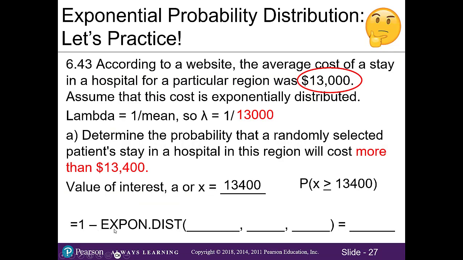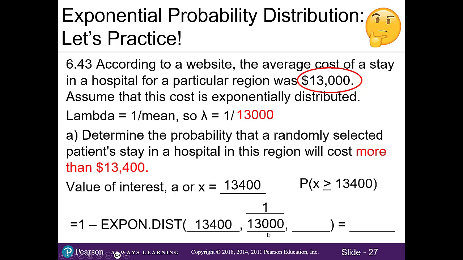There's my 1 minus exponent.dist, and we have to put in our variables. We first put in the x. So recall the x I'm interested in solving for. That's my 13,400. Then we're going to put in our lambda. So that's what we found up here. And what I recommend is just leaving it in fraction format because it is going to be such a tiny decimal.